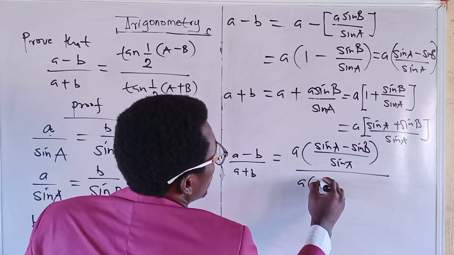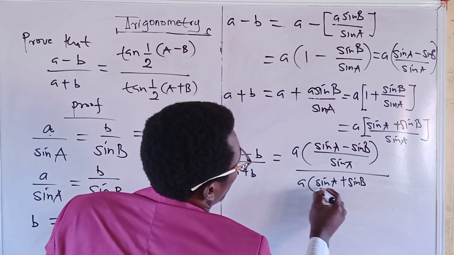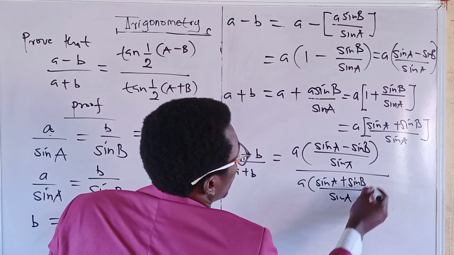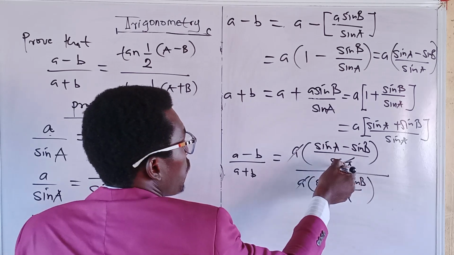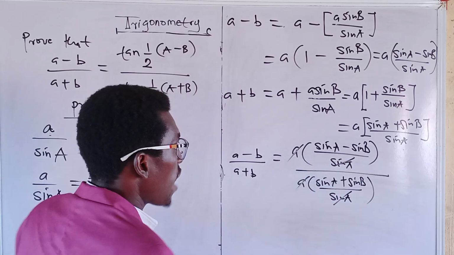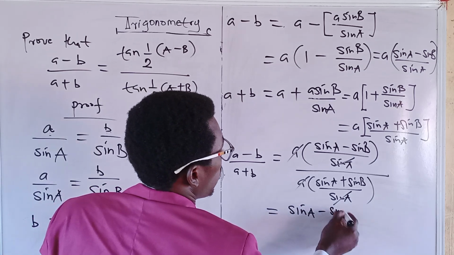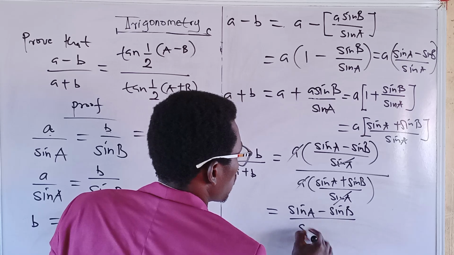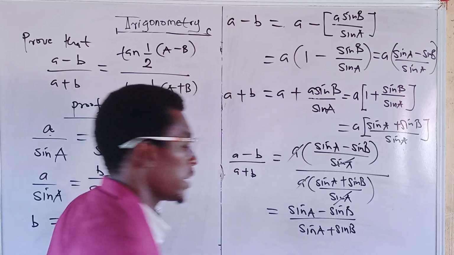We have A bracket sine of A plus sine of B over sine of A. All right? So this A will divide with this, and also this sine of A will divide with this. So we're left with the result, which is sine of A minus sine of B over sine of A plus sine of B. Can you see that?